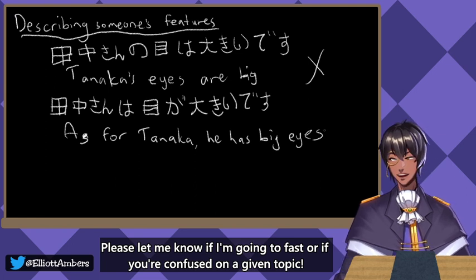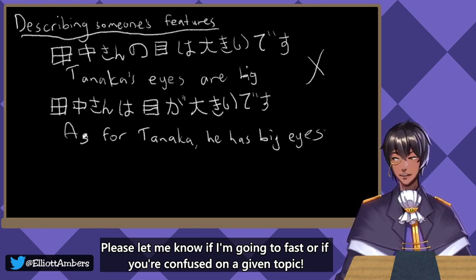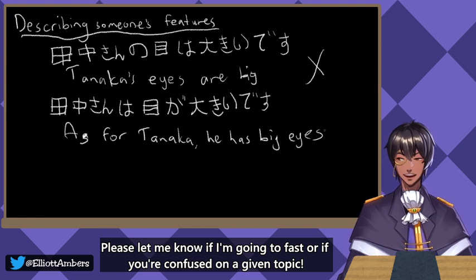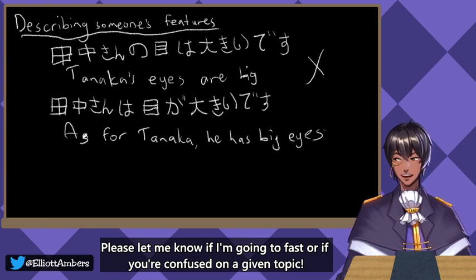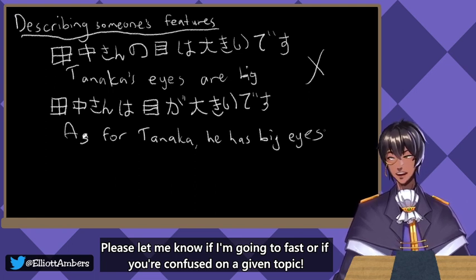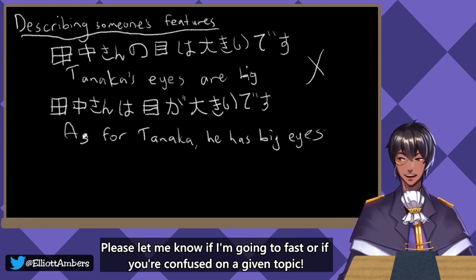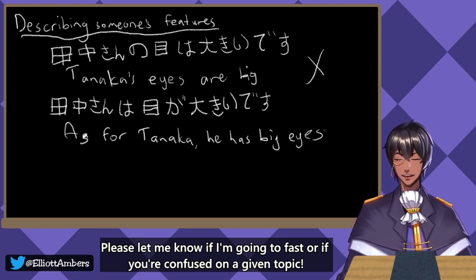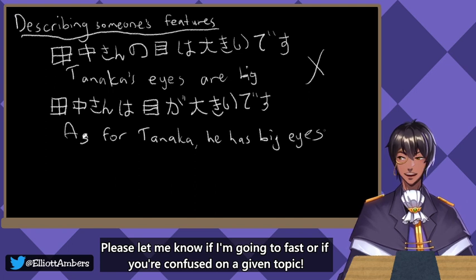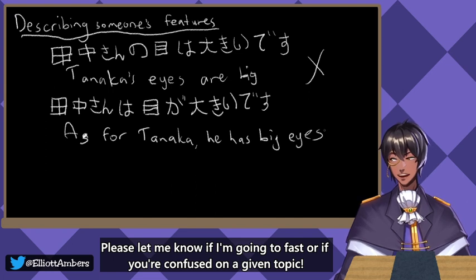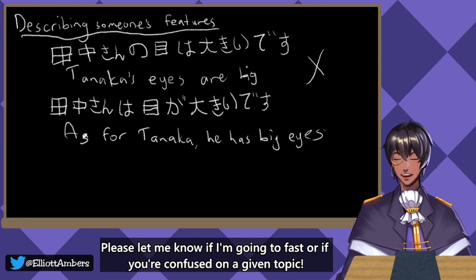And ga usually is another thing that represents being. So it's interesting to see how the particle usage gets used there, because typically for us as English speakers learning the language, Tanaka-san no me usually makes more sense to represent something of a person. But it seems that with body parts they want to go for Tanaka-san wa me, which, again, I'm not a professional at Japanese, so I really just have to trust what the book tells me here.